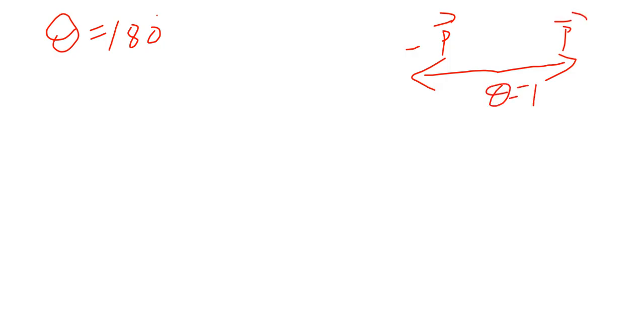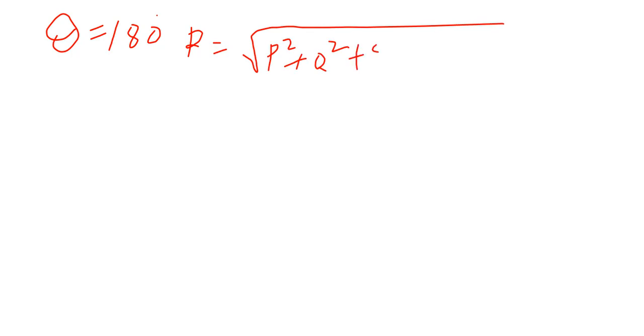They are in opposite directions. So if P bar vector is in this direction, then the opposite vector, minus P bar, is in this direction. So now the angle is 180 degrees. When the angle is 180 degrees, R is equal to root over P square plus Q square plus 2PQ cos 180, which is minus 1.